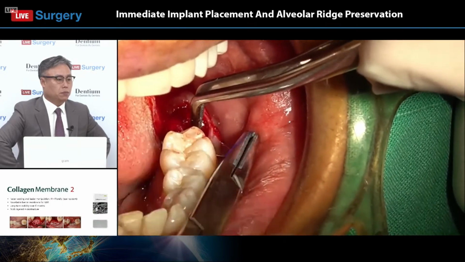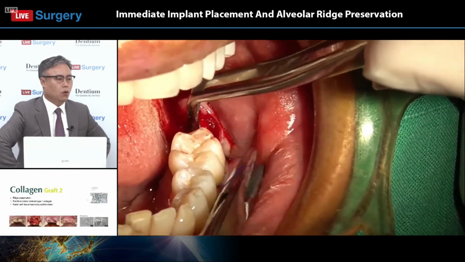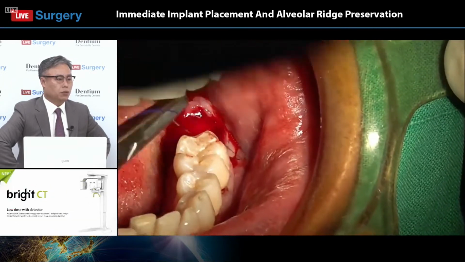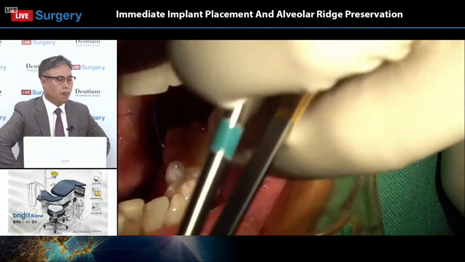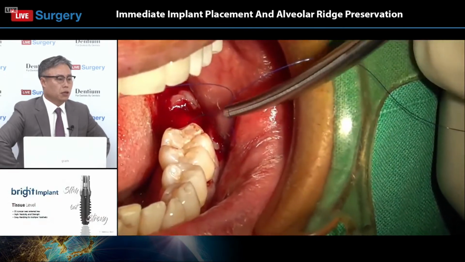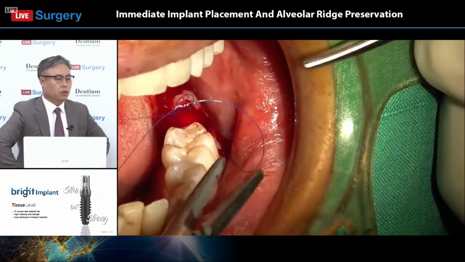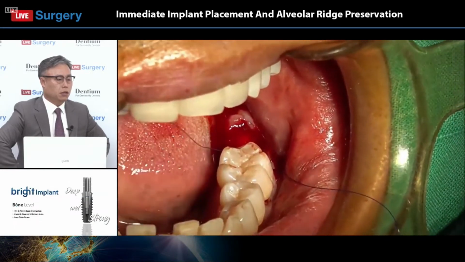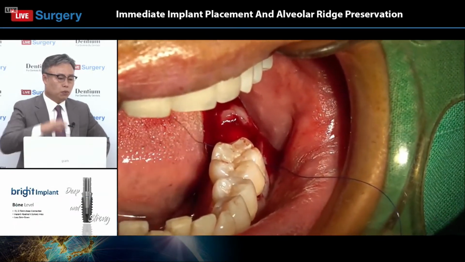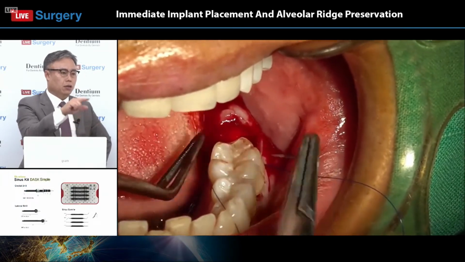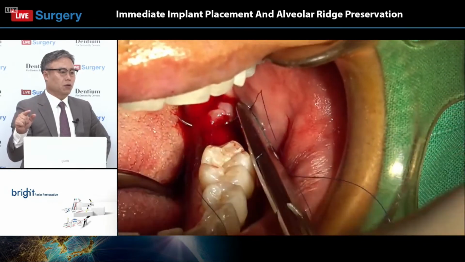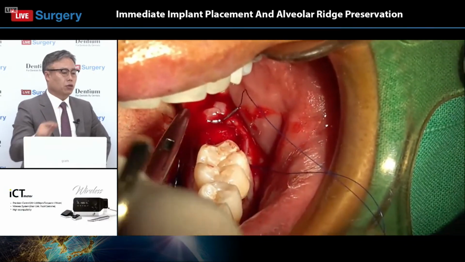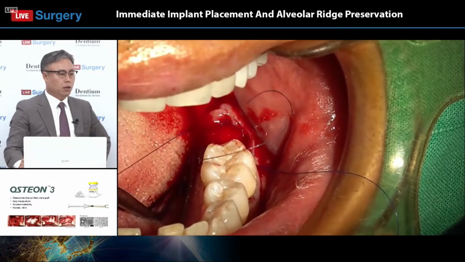He used the collagen graft, which was made by Dentium, and he's using the hidden X suture, starting with the buccal side. The X figure should be inside of the socket, and some matrix should be out of the extraction socket. I'm going to show a schematic drawing of it later.